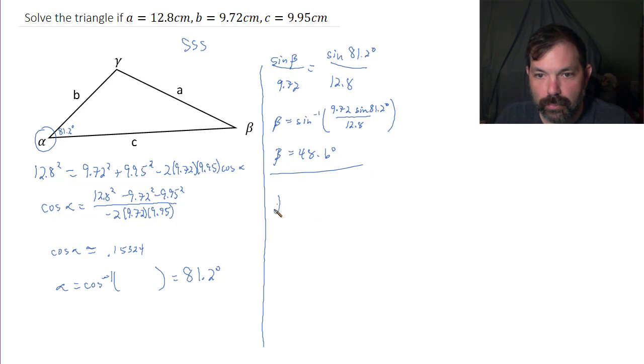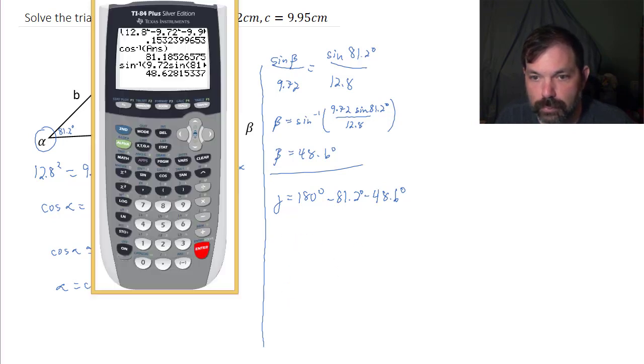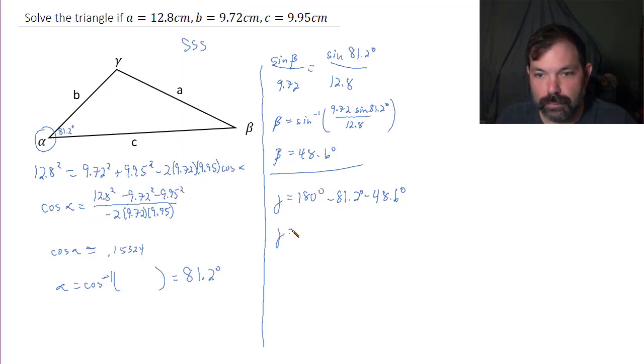And so then gamma is 180 degrees minus 81.2 degrees minus 48.6 degrees, 50.2 degrees.